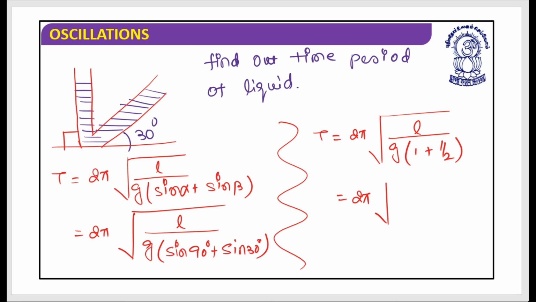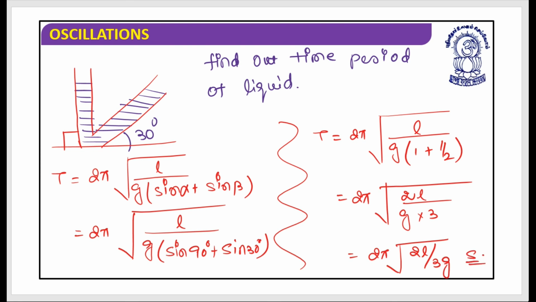So this is 2 pi root of L divided by g into 1 plus half, which is 3 by 2. So this is 2 pi root of 2L by 3g seconds. This is the time period.